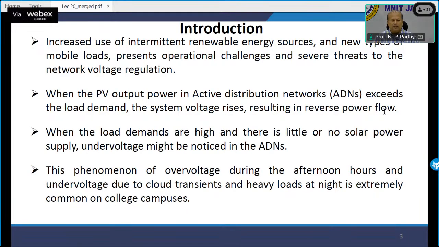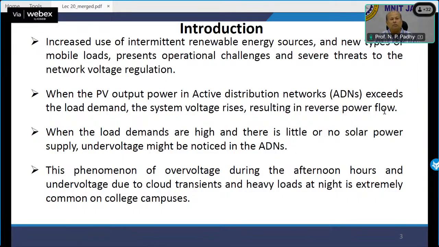Okay, good. So with this philosophy, increased use of intermittent renewable energy sources and new types of mobile loads present operational challenges and severe threat to the network voltage regulation, as we have discussed. And when the PV output power in active distribution network exceeds the load demand, there will be a reverse power flow experience. When the load demands are high, there is little or no solar power supply, and under voltage might be noticed in the active distribution network.